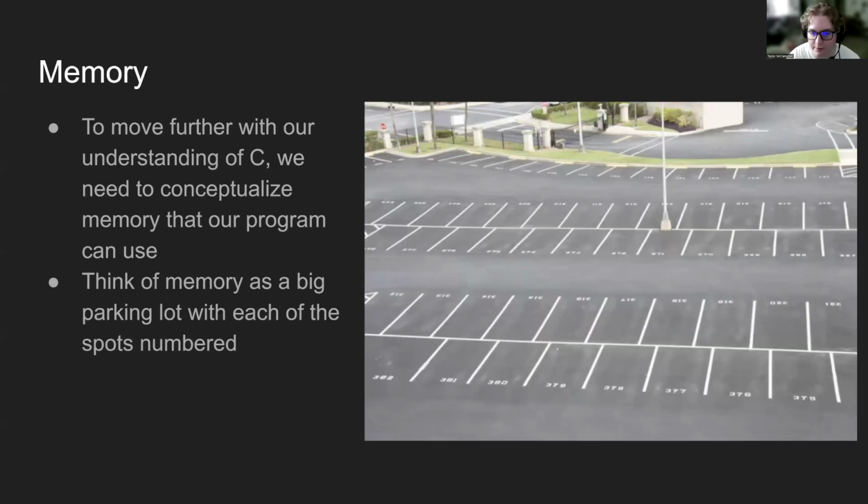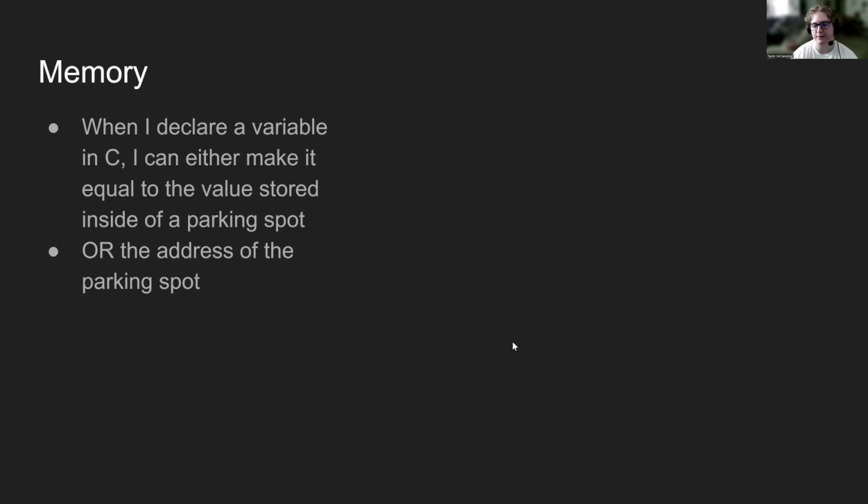So I can either make it equal to Chevy Camaro, or I can make it equal to spot 380, and I can put whatever I want in that parking spot. So at one point, the value at that parking spot might be Chevy Camaro, but then the next day it might be Honda Sonata. Two different car models. And I'll always have that address. Or I can just set it equal to that specific value in the spot at one time.